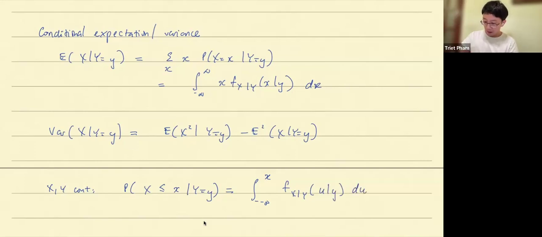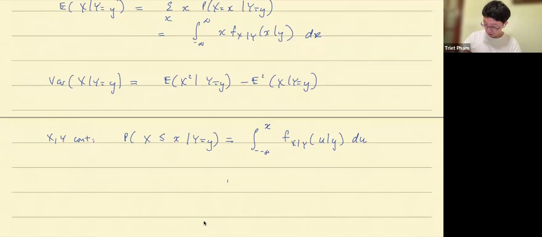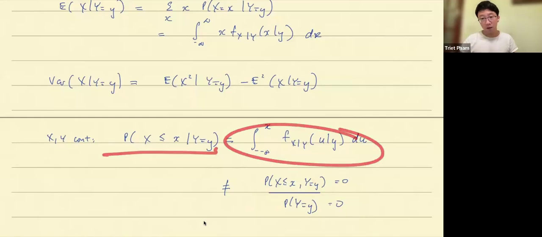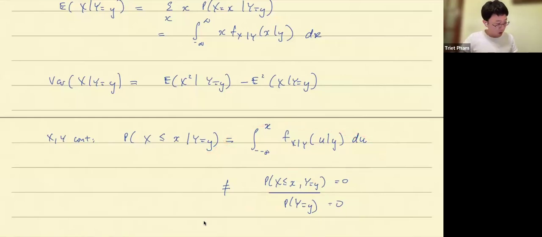It cannot be done via the definition because the probability of Y equals little y is zero, they're both zeros. So this won't make sense for a continuous distribution, but this expression still makes sense via the conditional density.